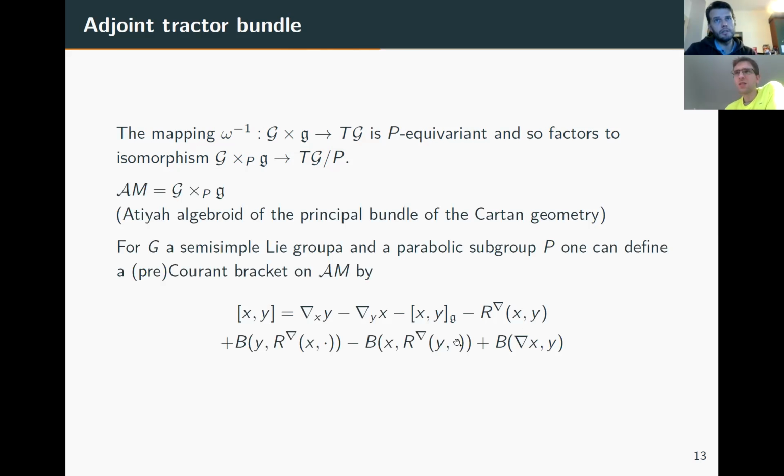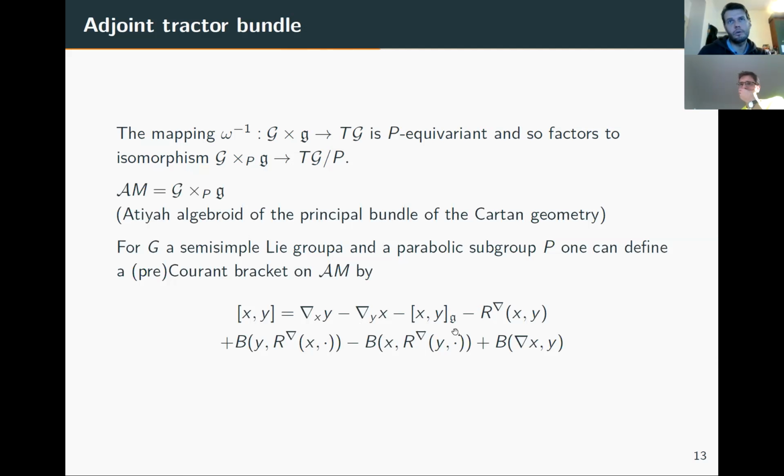The formula is a bit involved, so just to give you a flavor, if you have a semisimple Lie group, then on the Lie algebra you have a non-degenerate Killing form that gives you the non-degenerate scalar pairing that you need to have on a Courant algebroid, and that's this B, that's the Killing form. Then you just play with the connection given by the Cartan connection, and this bracket with index little g is just the Lie bracket, right?